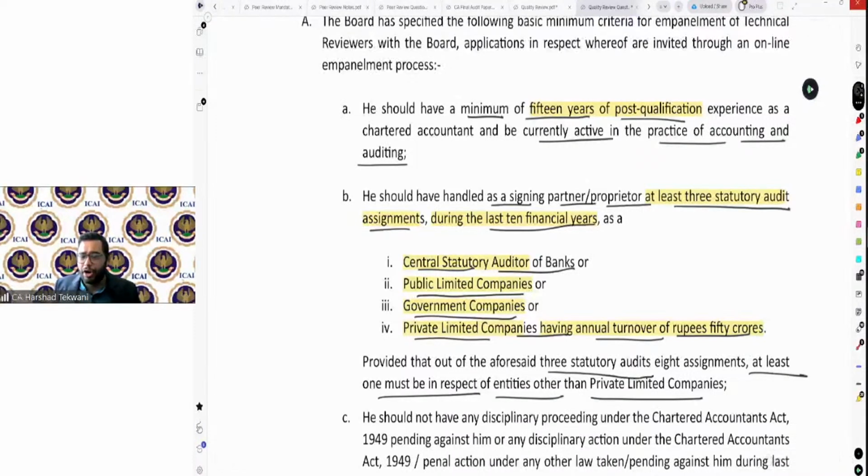Means one should be, like, central statutory auditor of a bank, or one should be a public limited company, this way. So at least one must be other than private limited.